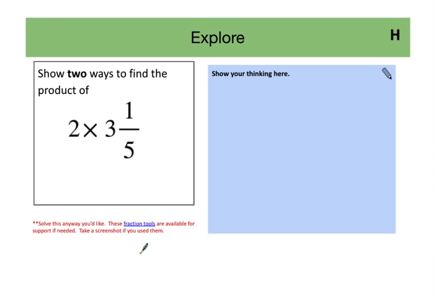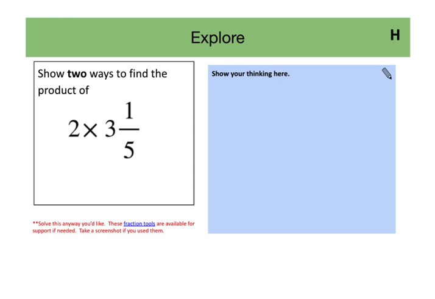So for this problem, it might be a good idea as students are submitting their work to use the CRA sequence so that they get a tangible understanding of the math and see how it all links together.